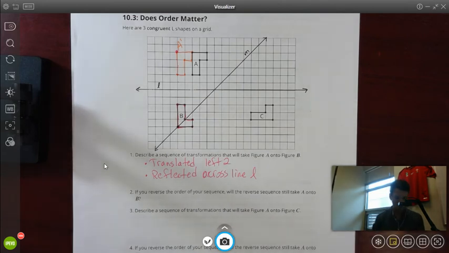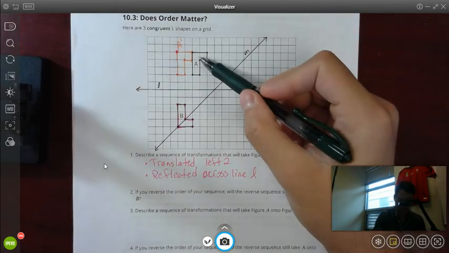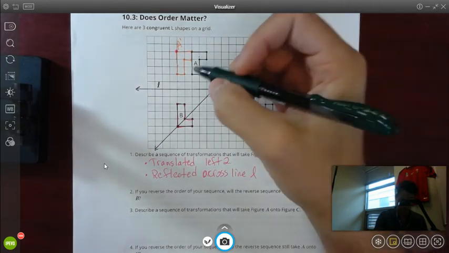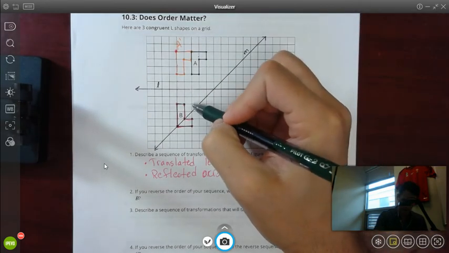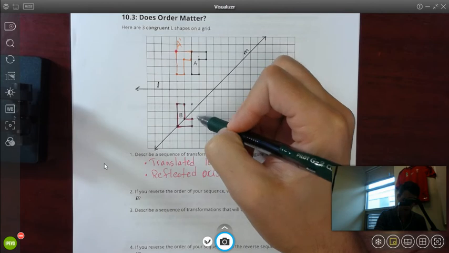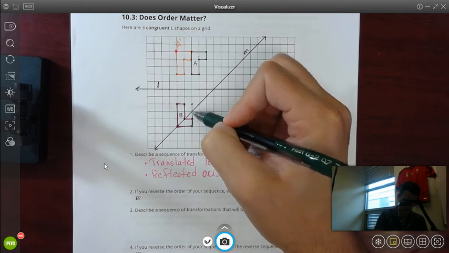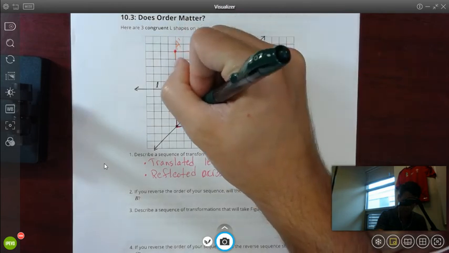So question 2, if you reverse the order of your sequence, will the reverse sequence still take you onto B? So we want to see if this is going to work. If I took figure A and reflected it first, that would take me to this general area in green here that I'm drawing.